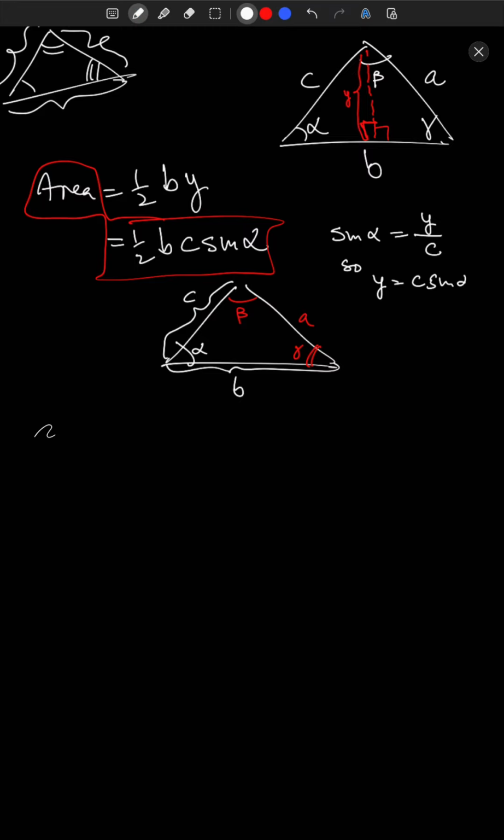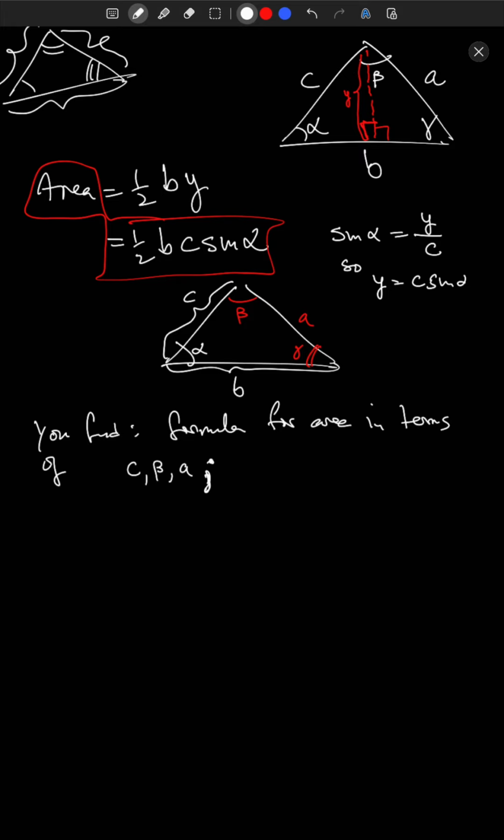So find a formula for area in terms of c, beta, a, and also a second formula for b, gamma, a.